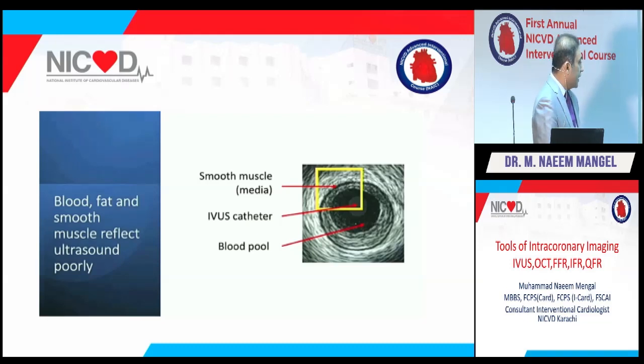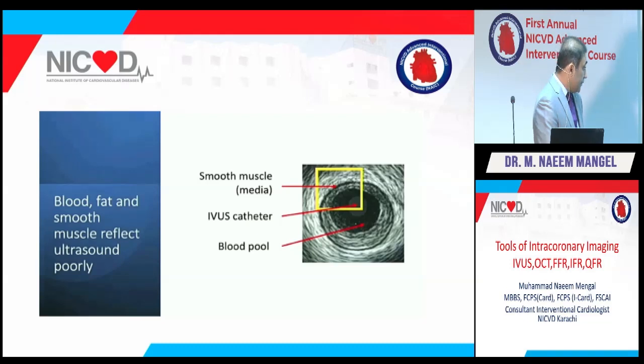So this is the IVUS catheter, and this is the smooth muscle in the media, and this is the blood pool inside the lumen. This is actually the intima that lines the media, and if this is very thick, because we know the intima is just an endothelial lining, it is nothing other than a lesion.